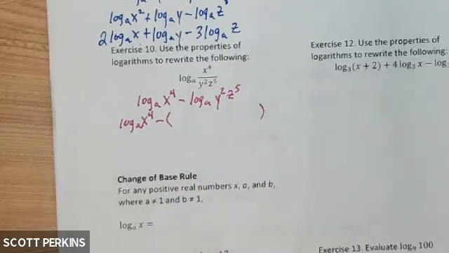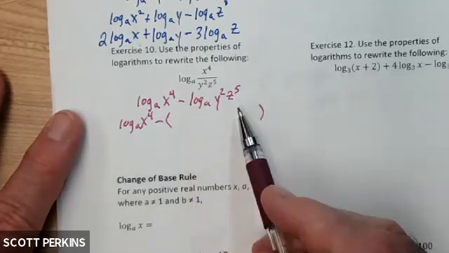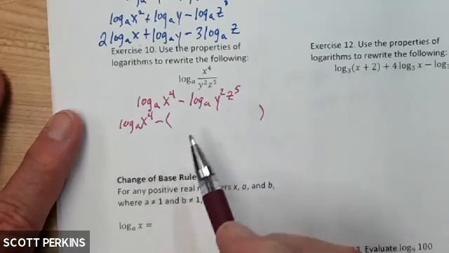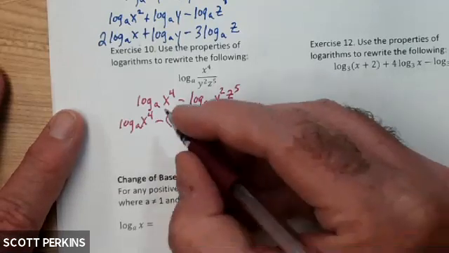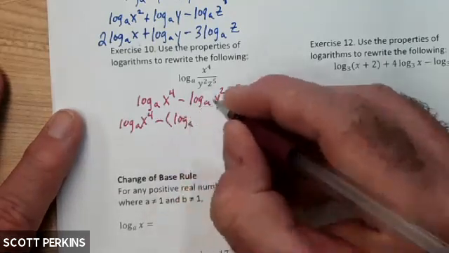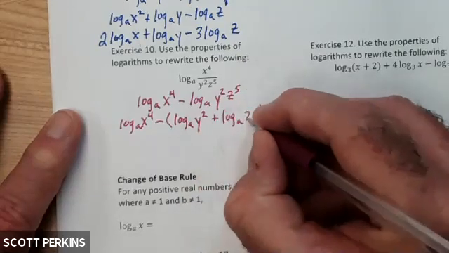When you separate it, if you're capable of doing this, I'm going to subtract the first term, and then I'm also going to subtract the second term. This minus sign applies to both, and the parentheses will help me do that. So I've got the log base a of y squared plus log base a of z to the fifth.